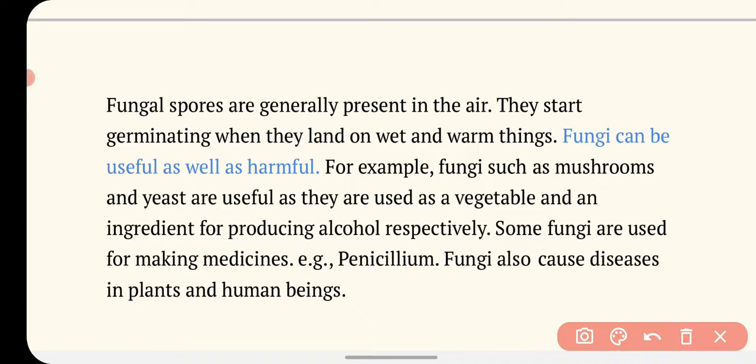Like the yeast and mushrooms, you eat the mushroom, and the yeast is used to make alcohol. And some fungi are used for making medicine, like penicillin. Penicillin is an antibiotic which is produced by the fungus. And some fungi can also cause diseases in plants and human beings, and they are harmful too.